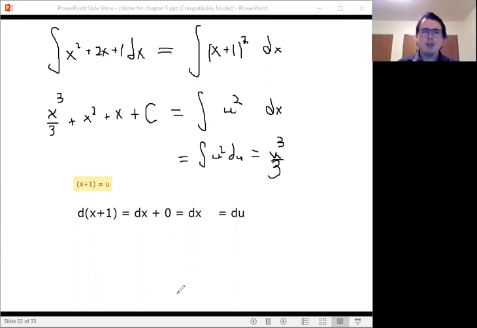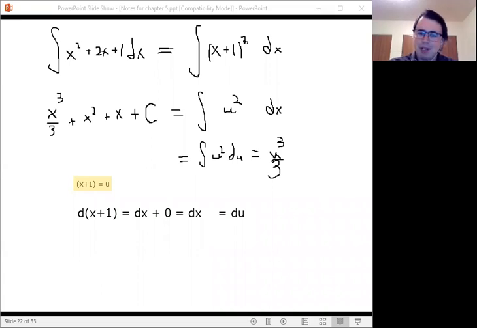So is u cubed divided by 3 equal to what I have on the other side of the equation? x cubed over 3 plus x squared plus x plus a constant. Well, after I compute the indefinite integral, I need to change my u back into an x.